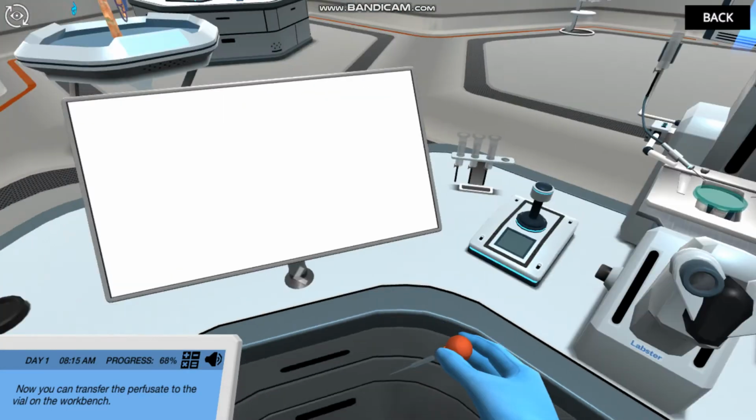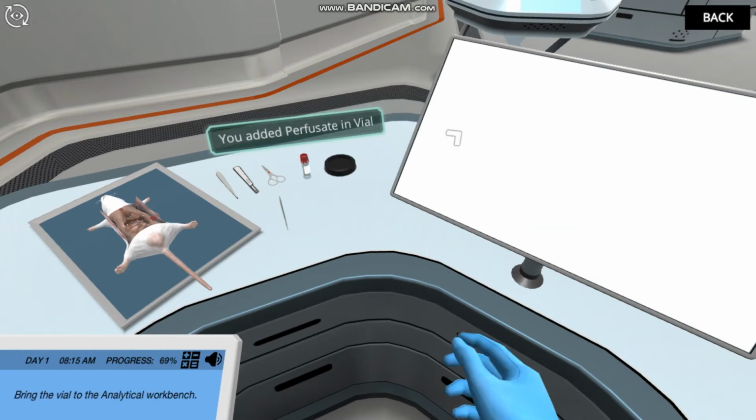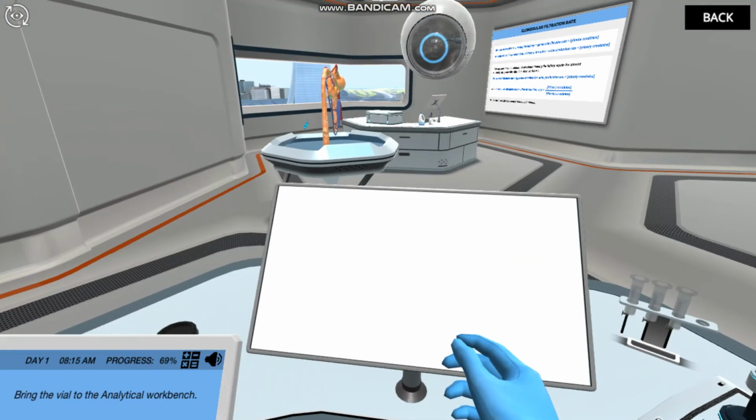Now you can transfer the perfluorescate to the vial on the workbench. Bring the vial to the analytical workbench.